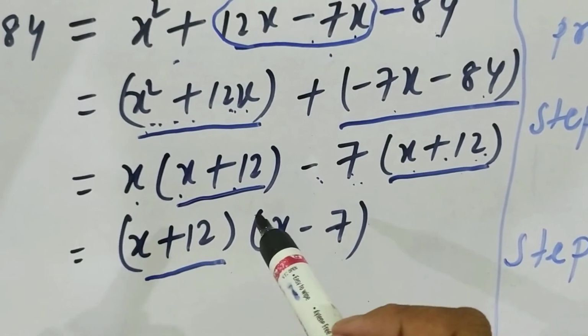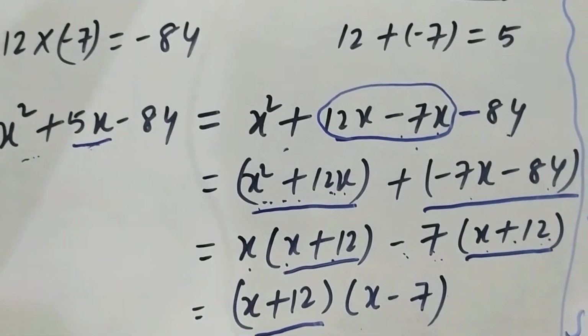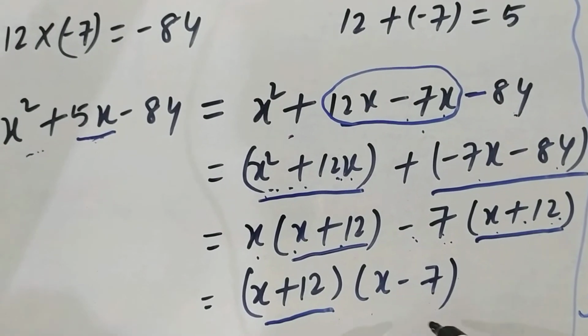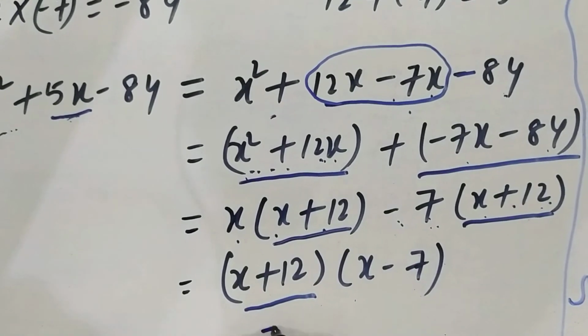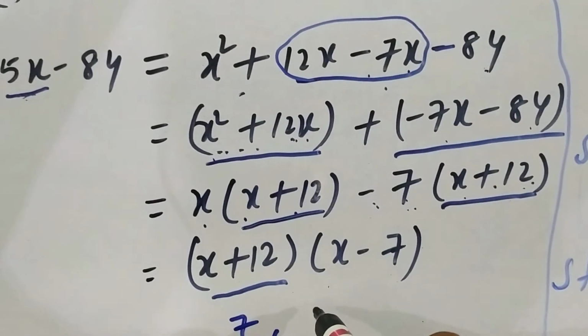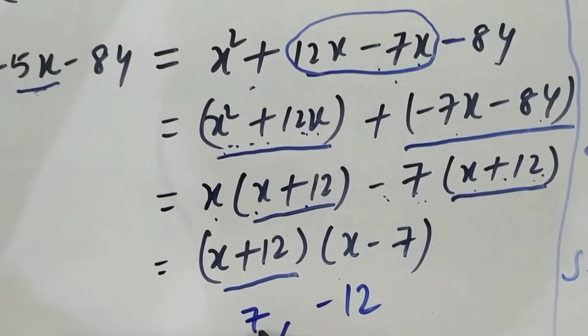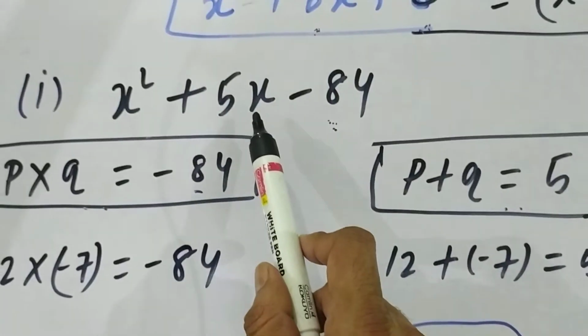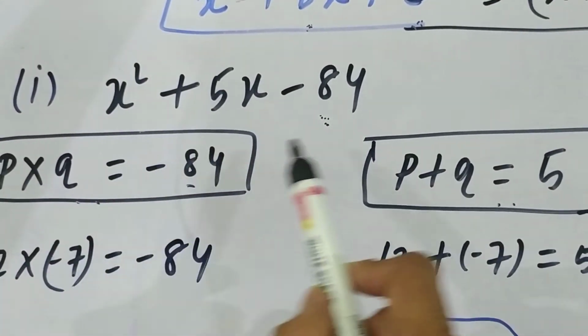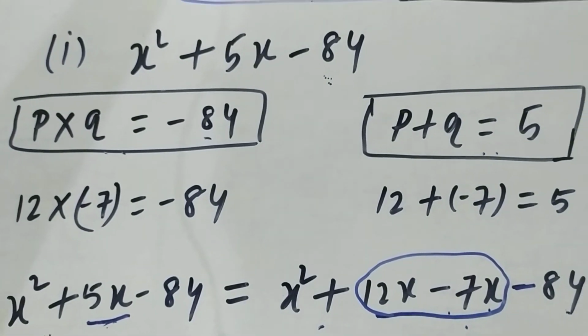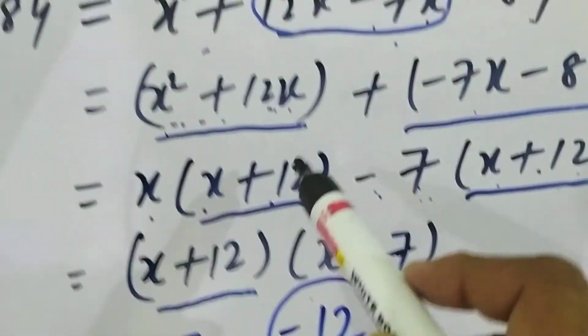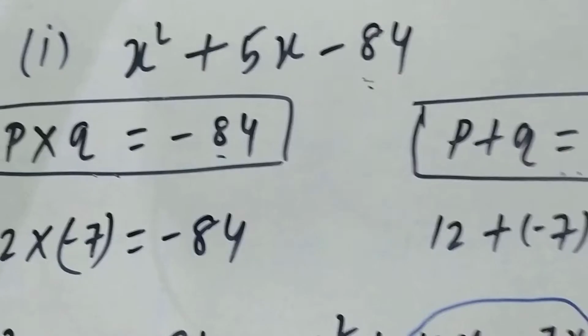Now tell me, dear student, how many factors are there? Two factors: one is x plus 12, and the other is x minus 7. If you substitute 7 here, the whole expression becomes 0. If you substitute minus 12, the whole expression becomes 0.